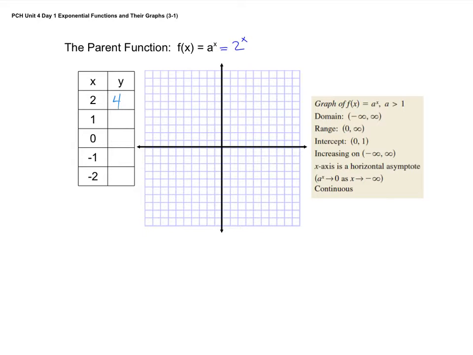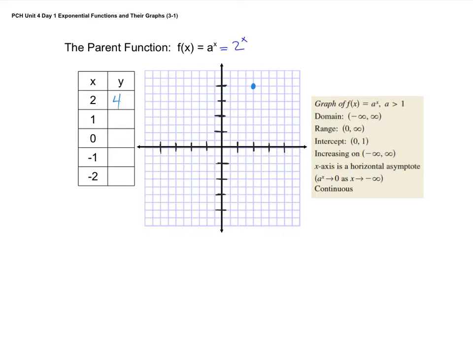To help us graph, I'm going to go by halves a little bit, just to make this bigger and easier to see. So each of these marks is 1, and our grid is going by halves. So I have the point (2, 4).